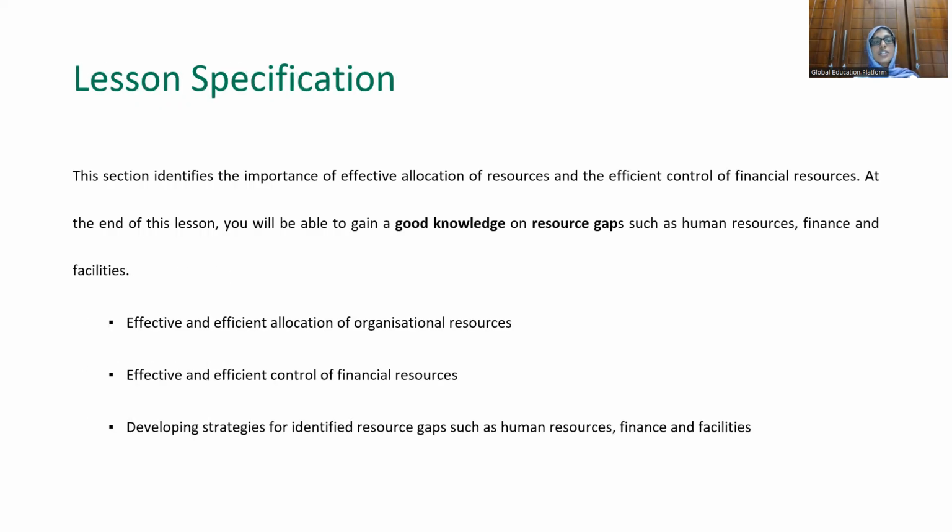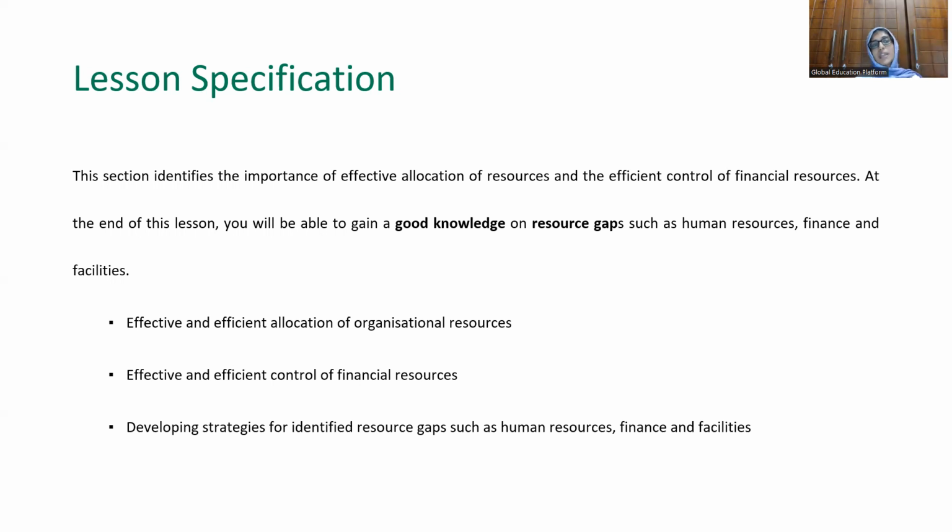Thereafter, I explained the lesson specification, where we talked about how it's important to effectively allocate resources and control the resources properly, and how this lesson will ensure that good knowledge on resource gaps will be given to all who study, and how the control will be done, and strategies that will be identified based on the resource gap.